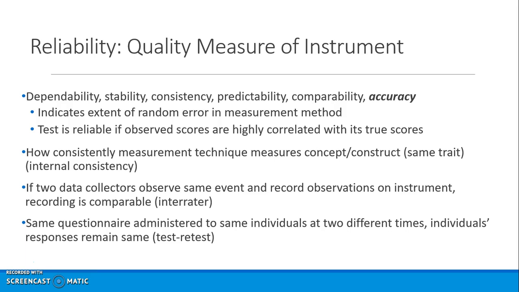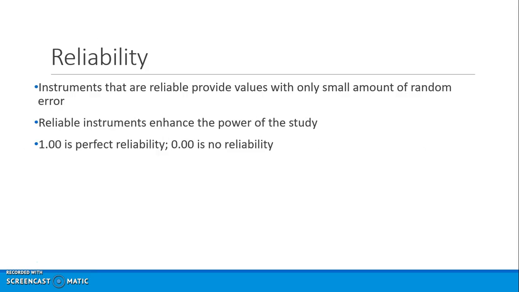And you can do, of course, a t-test or a correlation on that. So instrument reliability basically is important, and a lot of times people look at perfect reliability as being 1 and no reliability 0. And most of the time this is established when we look at internal consistency coefficients, correlation coefficients, and the like.